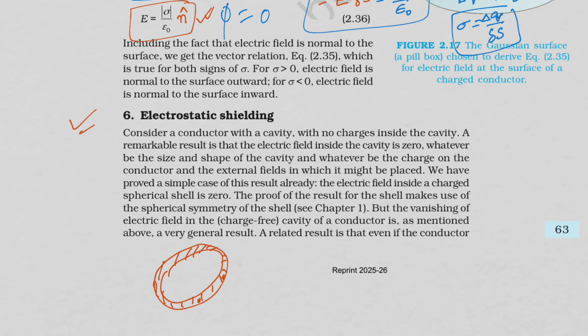Inside the conductor, or if we make it hollow, we know that E is equal to 0. Delta V, the change in potential, is 0. There is no change in potential and no electric field, so there will be no flow of electricity, and no electric shocks are possible inside the hollow thing. That is called electrostatic shielding.